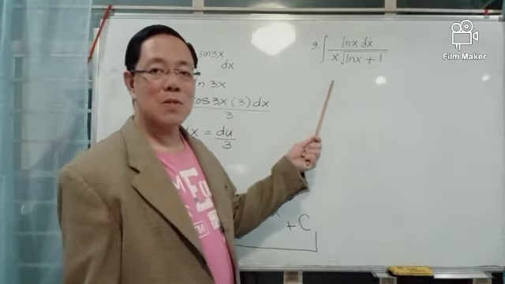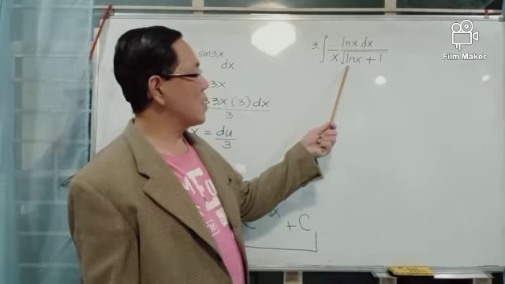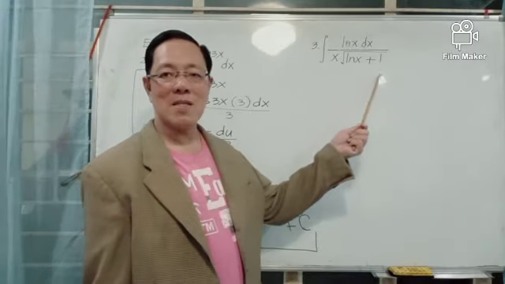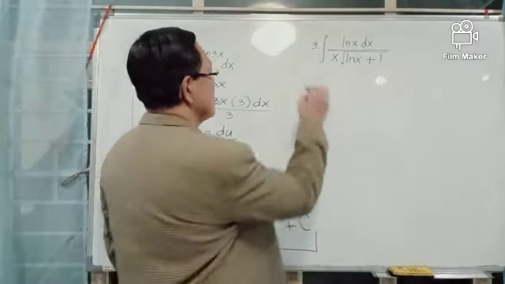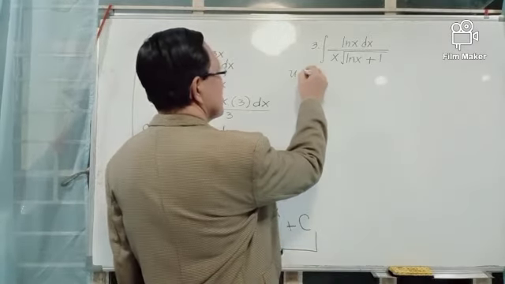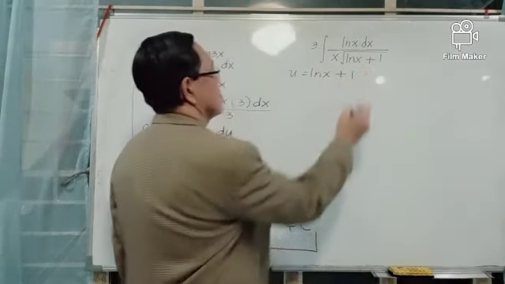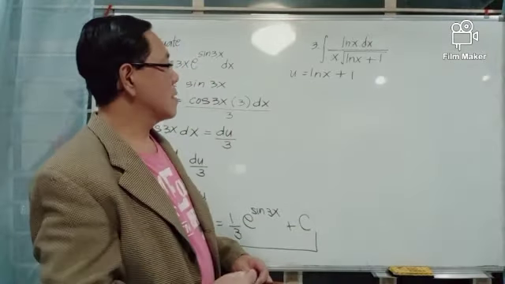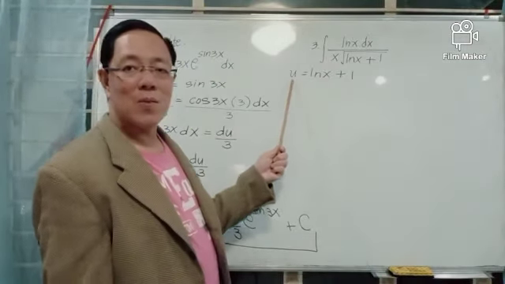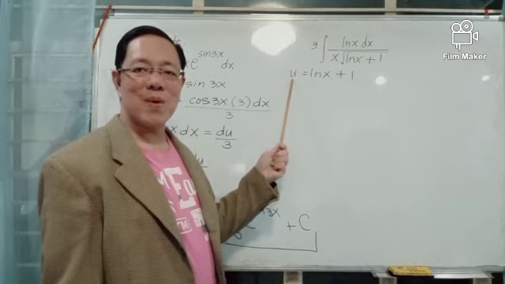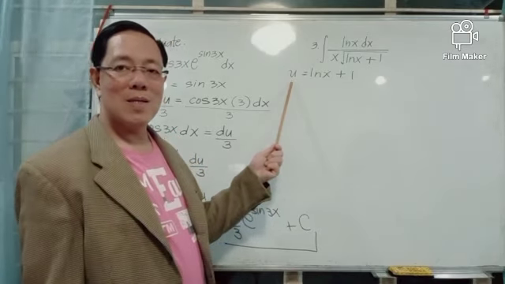I will let u be equal to ln x plus 1. We let u be equal to ln x plus 1. And we differentiate both sides. Derivative of u is 1.